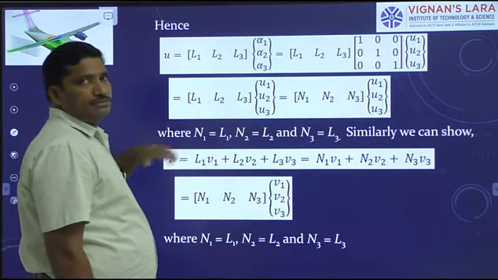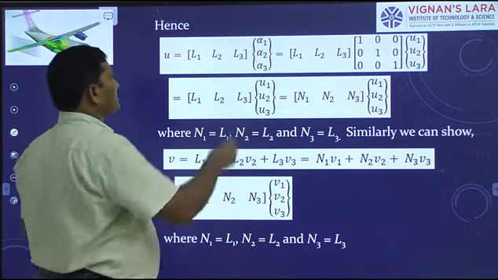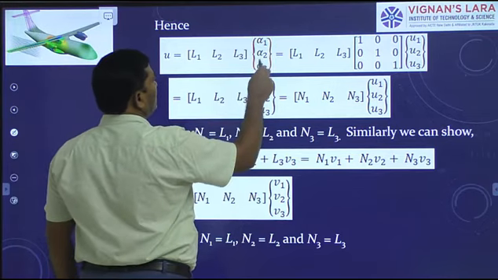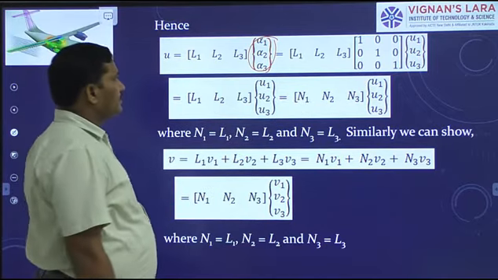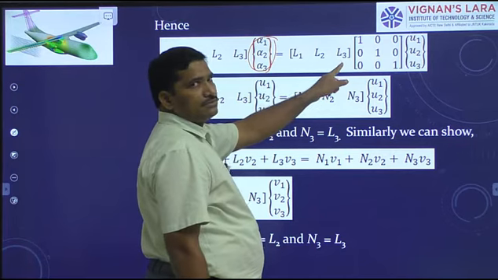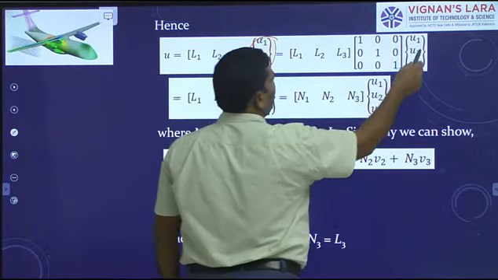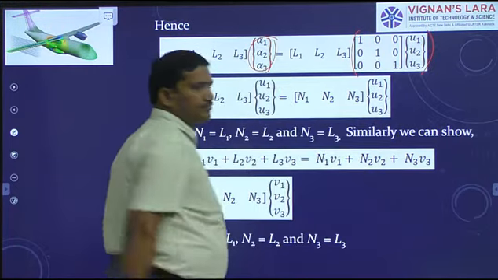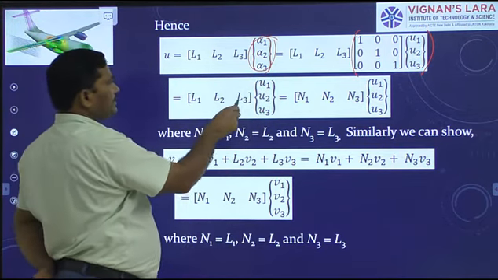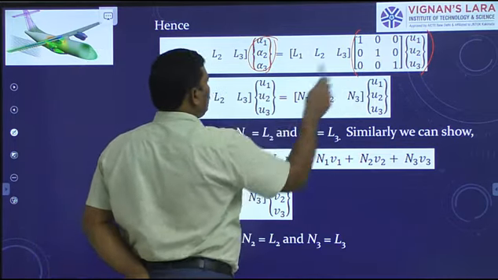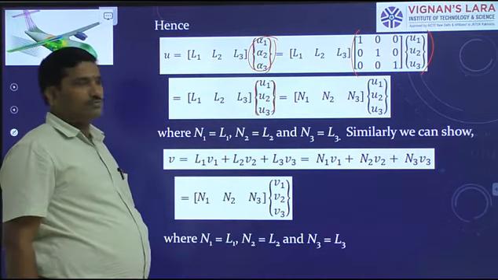U equals, from the first equation, a row matrix with elements L1, L2 and L3 into a column matrix with elements alpha 1, alpha 2, alpha 3. We have the value of this matrix, so I substitute it here. Now we rewrite it like this: a row matrix into a column matrix with elements U1, U2 and U3.